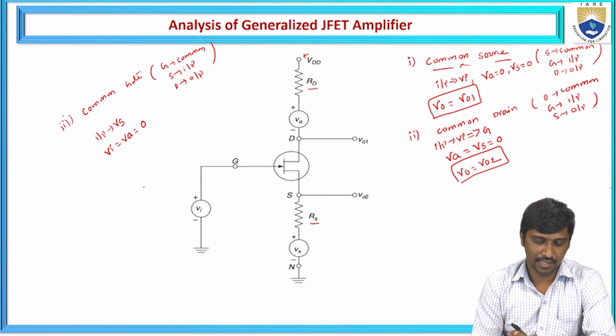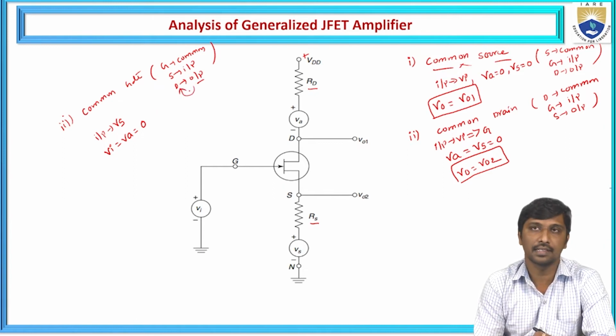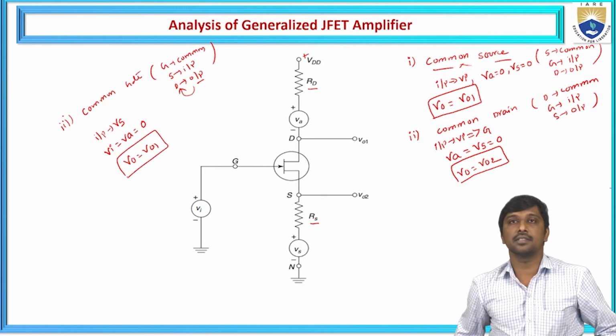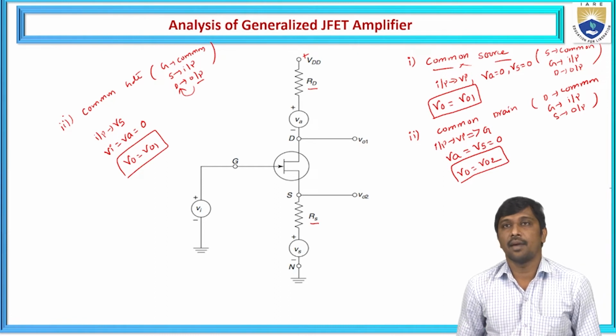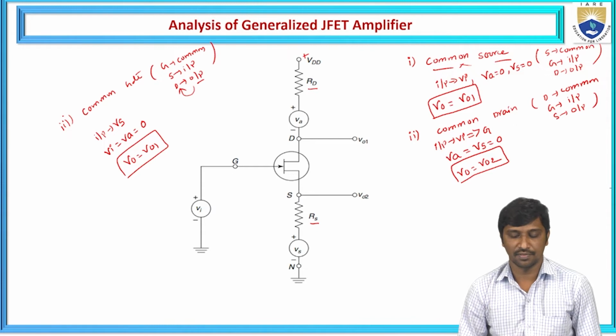The voltage across the Vi node and the Va node is represented as zero. And for this common gate amplifier, the output is taken across the drain side. Hence, now I take V0 equal to VO1. So these are the three representations to satisfy the three different amplifiers from this generalized JFET amplifier.